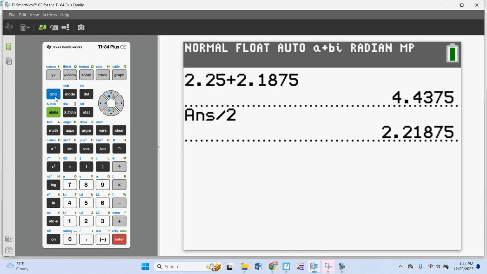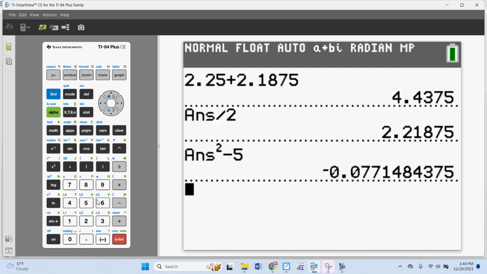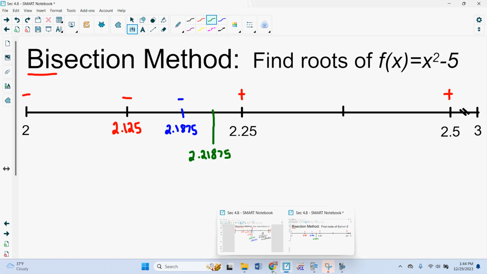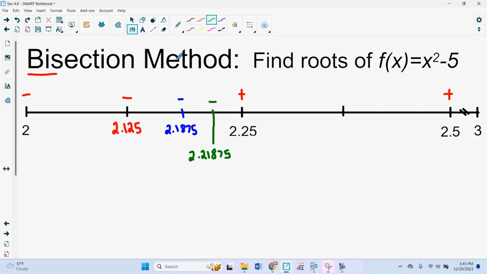If I now take that answer and square it and subtract from 5, I get a negative, which tells me that's a negative. So now I go again between these two, and I get 2.234375. And if I do that, I get a negative.